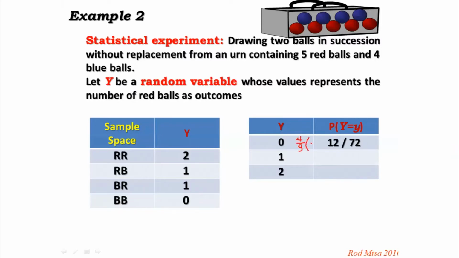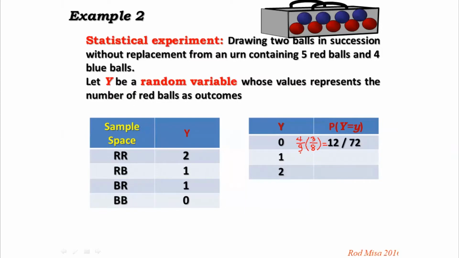And this will be multiplied by the probability for the drawing of the second ball, which is 3/8, since we only have a remaining 3 blue balls chosen from the remaining 8 balls in the urn. So multiplying these, we have 12/72.